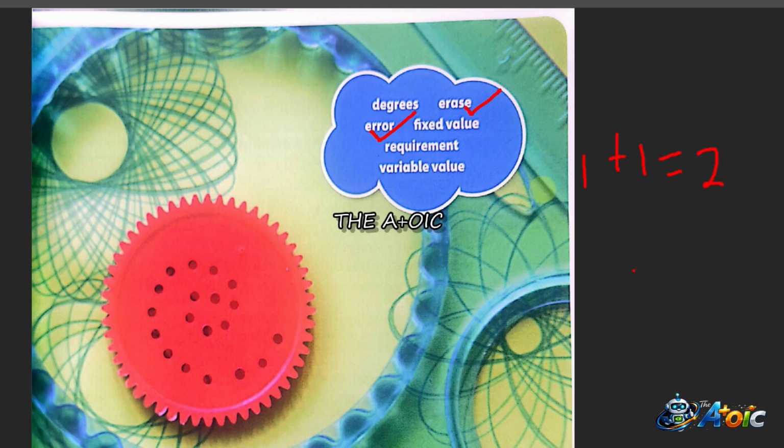It is not 2.1, okay? So that is a fixed value. It's not like 2 divided by 3, which is going to give us something like 0.6, and that is not a fixed value.